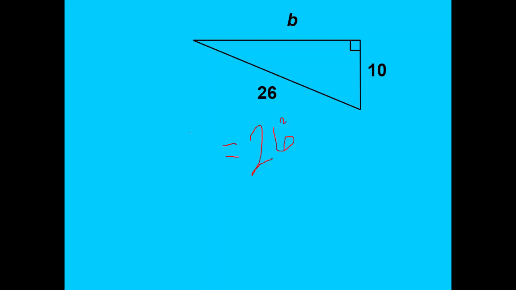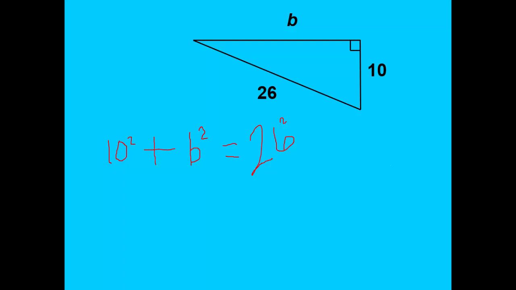B, we do not know, so we're going to put B squared. And then by process of elimination, we can determine that A is what is left. So we have 10 squared plus B squared is equal to 26 squared.